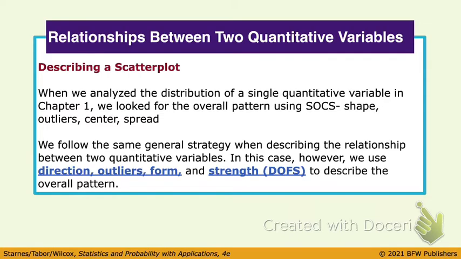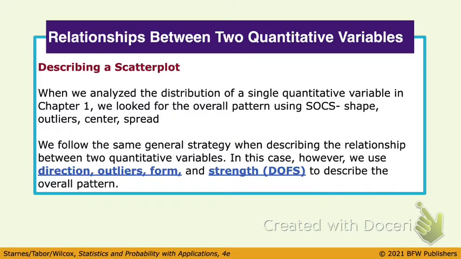That was for one quantitative variable. We now have 2 quantitative variables on a scatter plot, and it would not make any sense to use SOCS on a scatter plot. So we're going to use direction, outliers, form, and strength, which is DOFS, which doesn't sound as cool as SOCS, but it is basically the same thing.